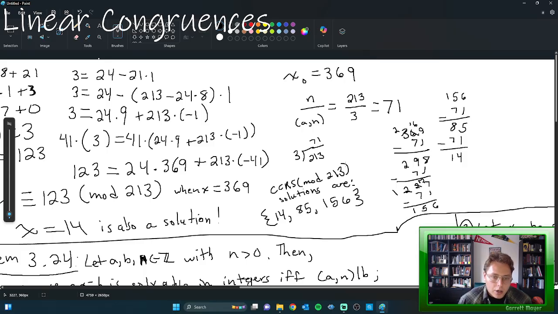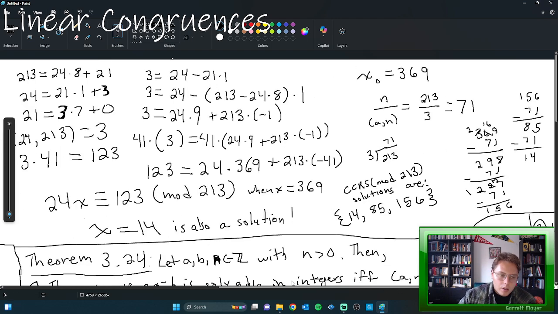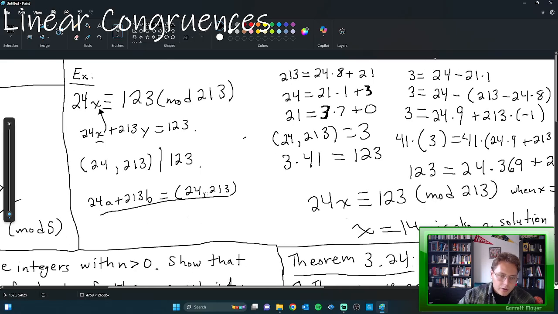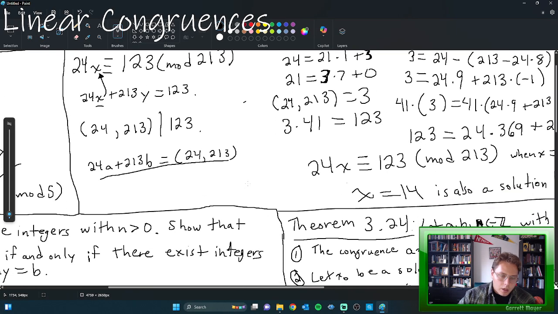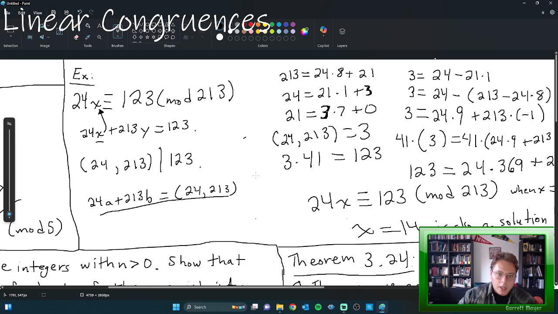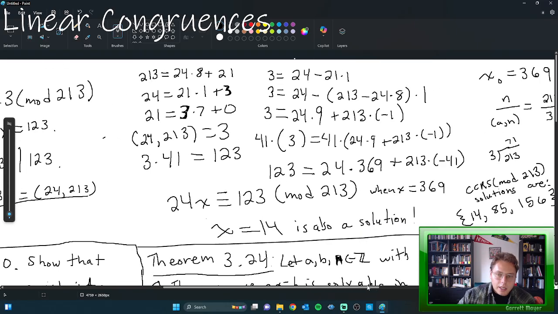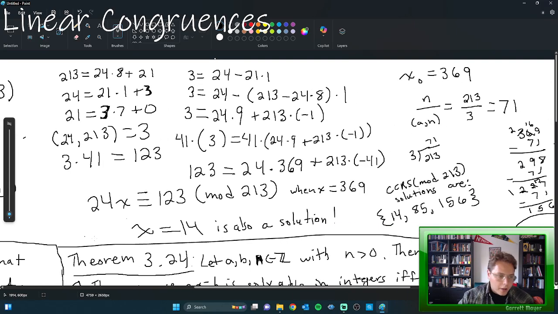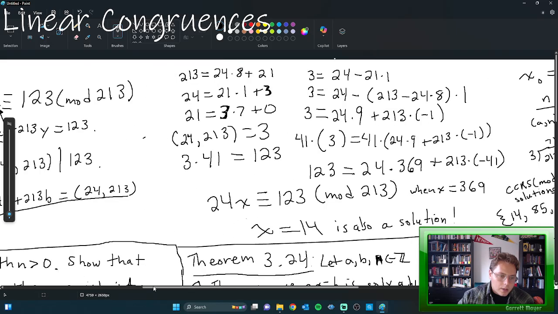But yeah, those are the three solutions to this linear congruence, and this exhausts all of the possible solutions. Every single number that is congruent to one of those three numbers will solve that equation, and that all comes from the Euclidean algorithm that we developed with Theorems 3.19 and 3.20, and then the additional way to iterate to all the solutions that we developed in Theorem 3.24.